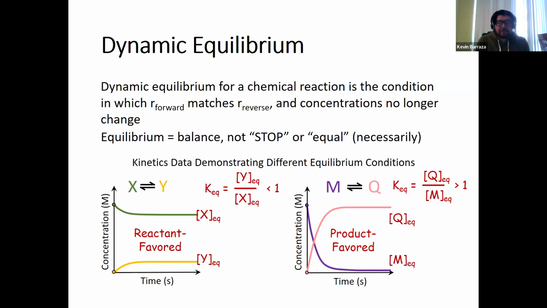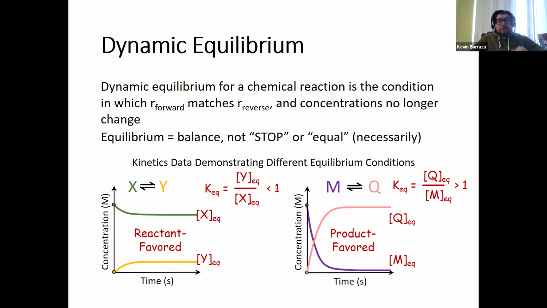If the equilibrium constant is less than 1, I should expect this to be a reactant favored equilibrium, and it won't make a lot of product. Or if the equilibrium constant is much greater than 1, then I expect it to be a product favored equilibrium. And I should expect to make, in relative terms, a lot of product compared to reactant.